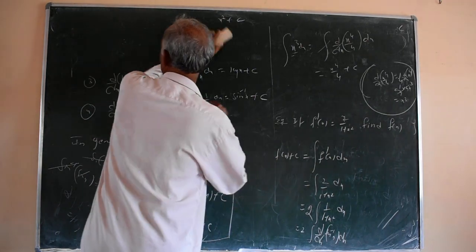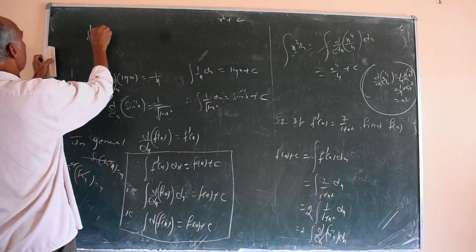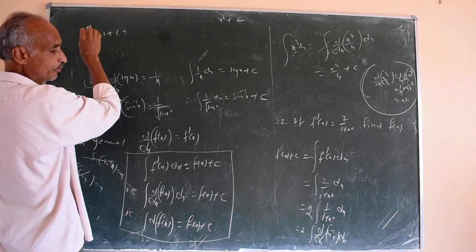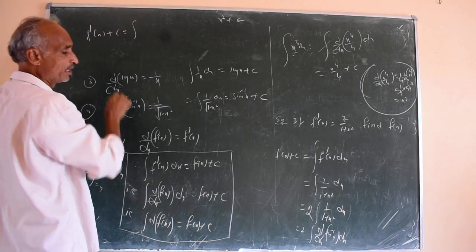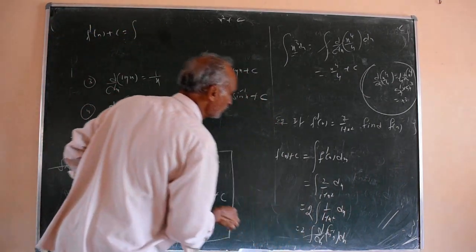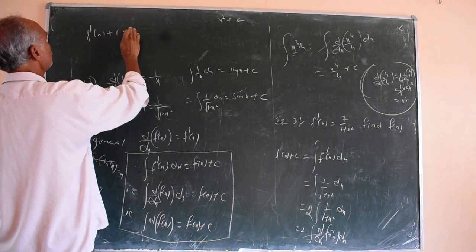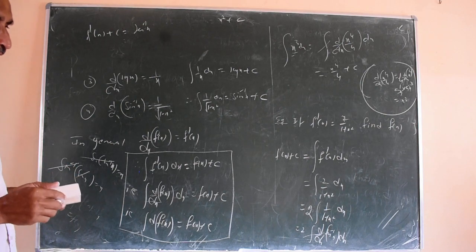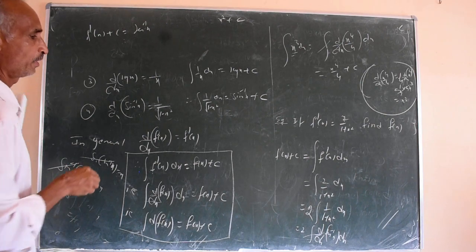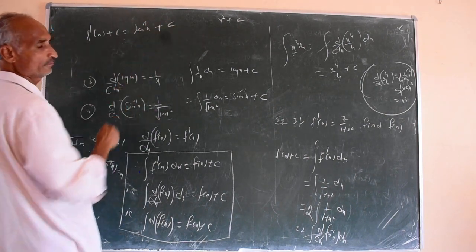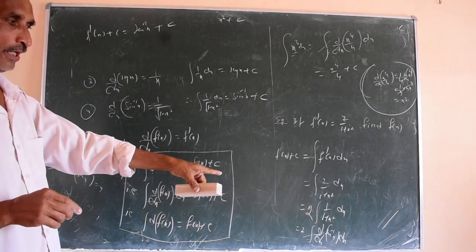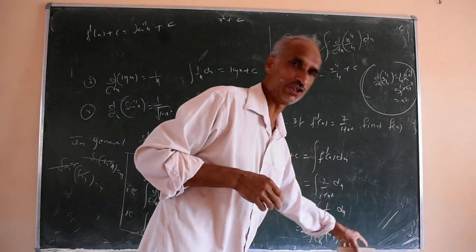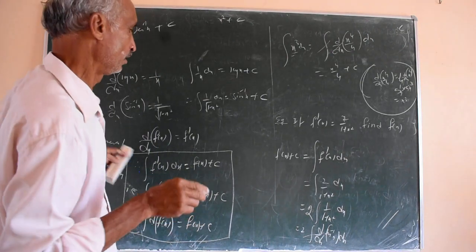f of x plus c is equal to, integration and differentiation cancel, tan inverse x. No, it is tan inverse x plus c. Once integration is over, you have to put one c.